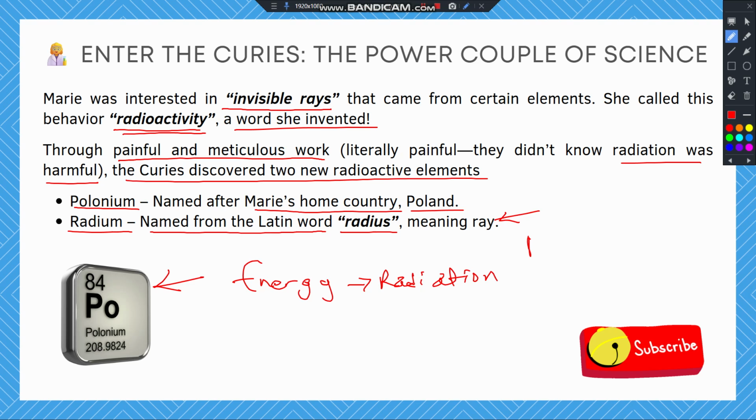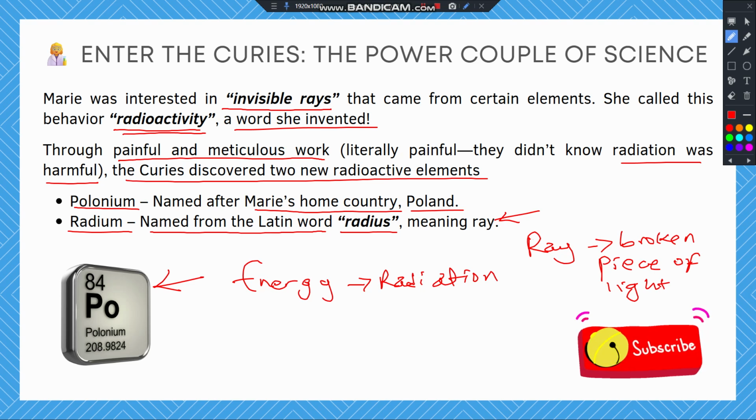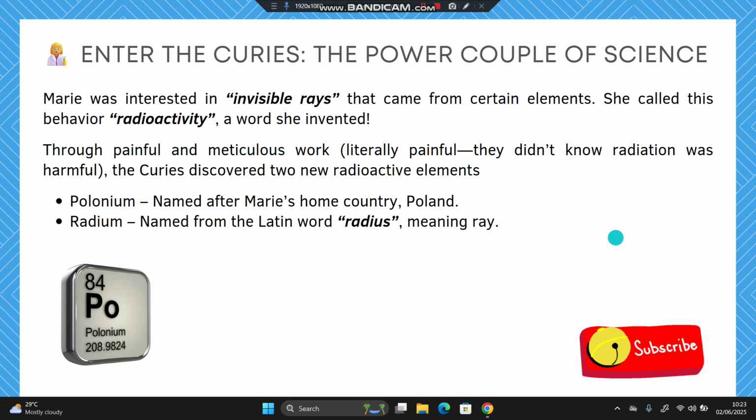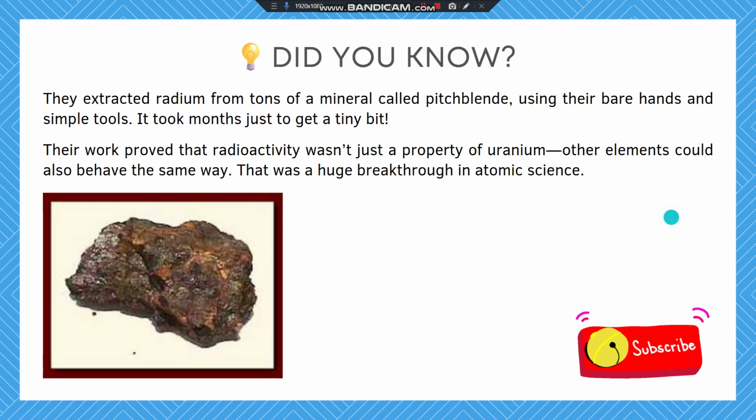And you know what a ray is? A ray is actually a broken piece of light. For instance, let's say you wake up early in the morning and you open your windows, you see rays of light coming in. Those are the parts of light that are able to have access to your room. So that's the history of how polonium and radium were discovered.